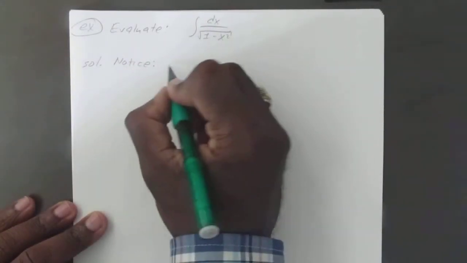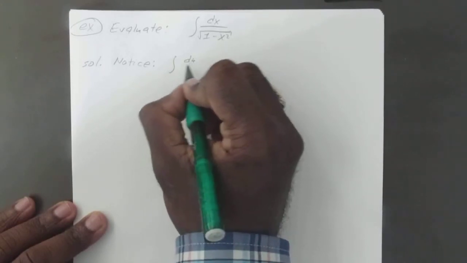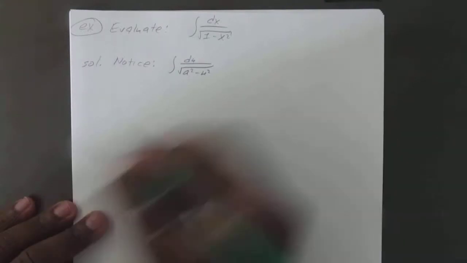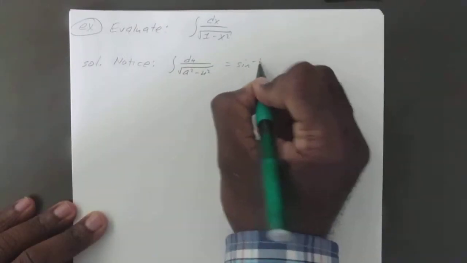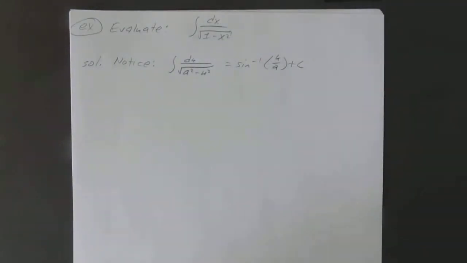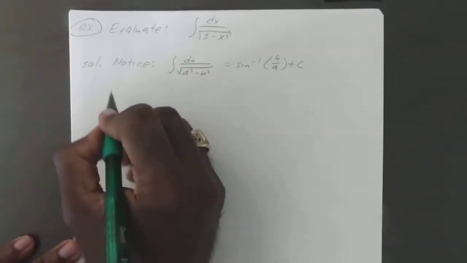Okay, now for this one, you notice just how much it looks like the sine formula? The integral of du over the square root of a squared minus u squared equals sine inverse of u over a plus c.